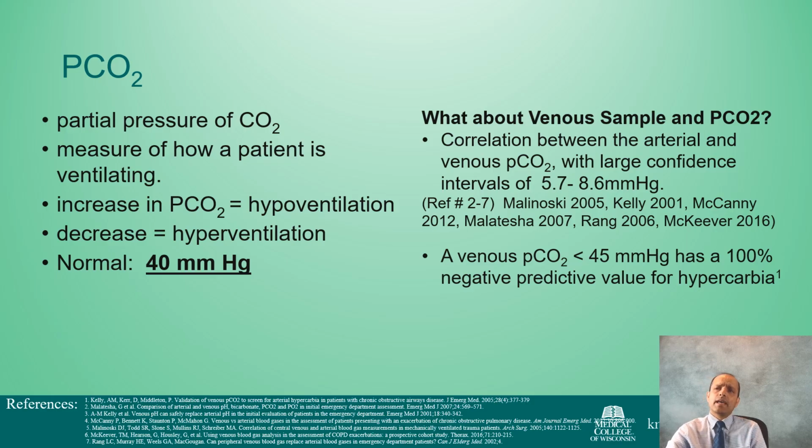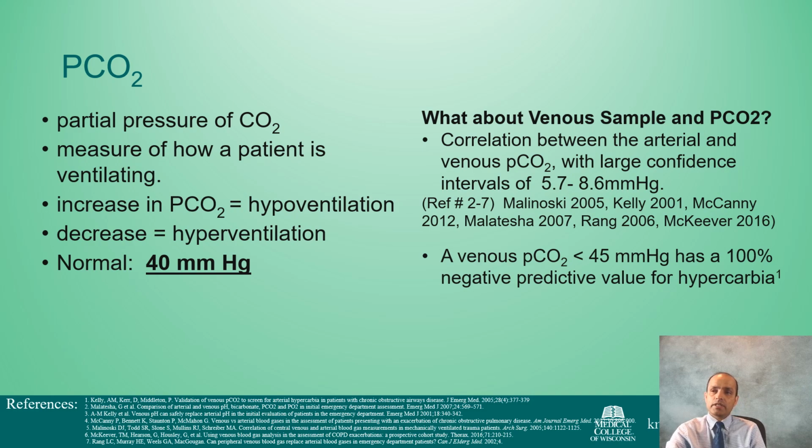What about the venous sample and PCO2? There is a correlation that we already talked about. Based upon different studies, you can get around 5 to 6 millimeters higher PCO2 in a venous blood sample.